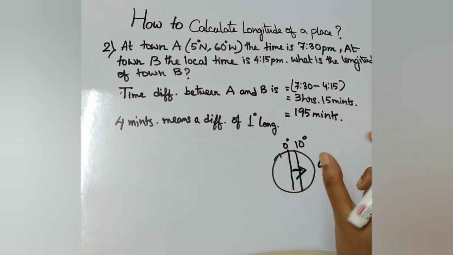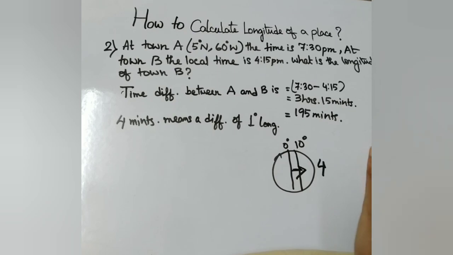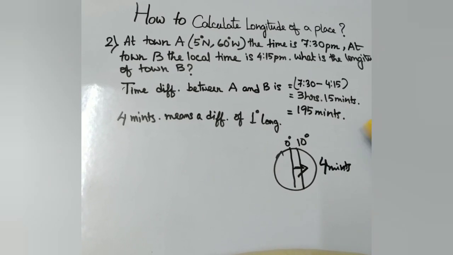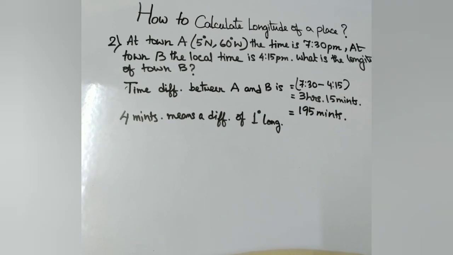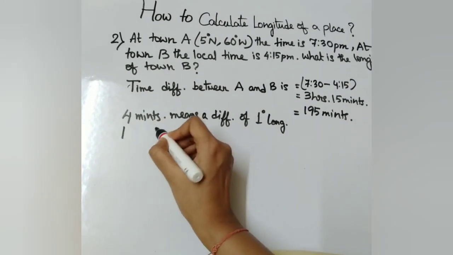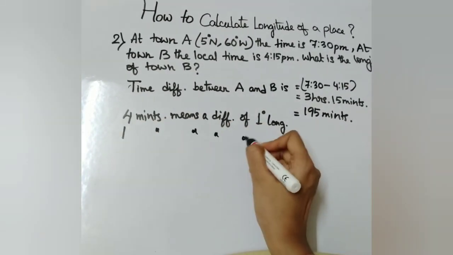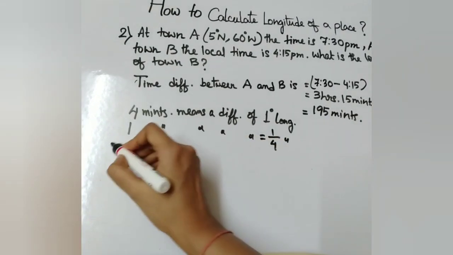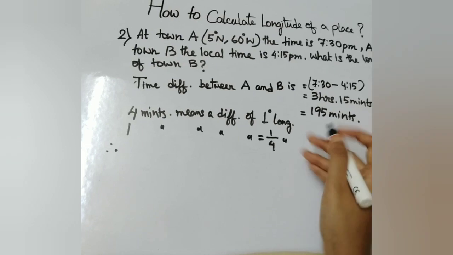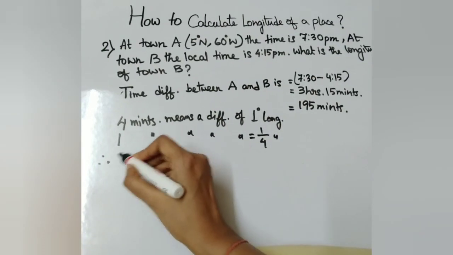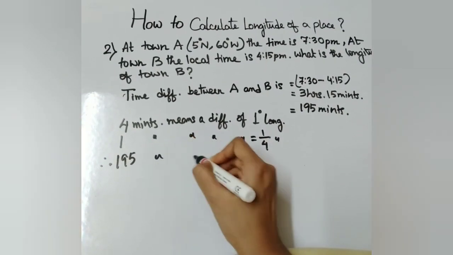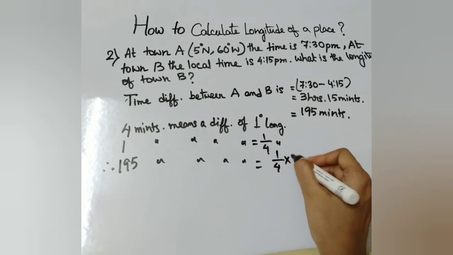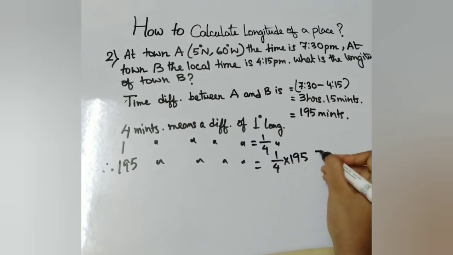Each degree movement of longitude we need 4 minutes. It is the basic concept, already we know that. Now in the second line, 1 minute means difference of 1 by 4. Therefore, 195 minutes means difference of 1 by 4 into 195.